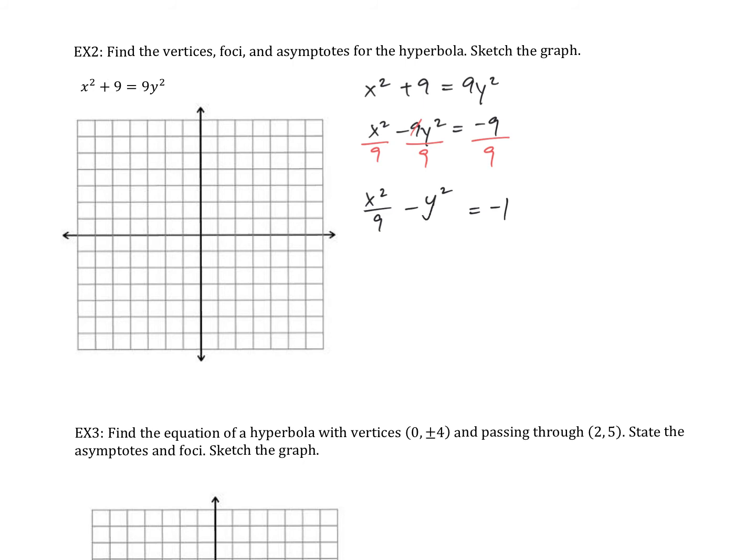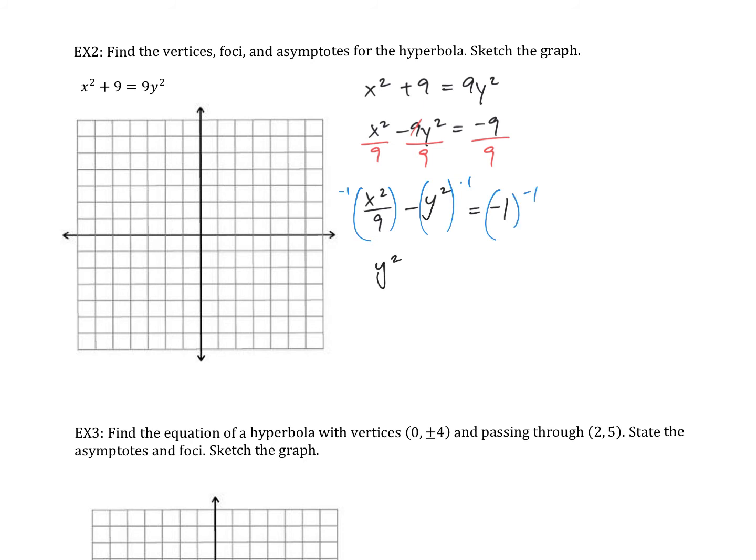Take a look at that right-hand side of the equation. What do we see? Well, it's a negative 1. According to the equations that we have for hyperbolas, you're supposed to have a positive 1 on the right-hand side, and we don't have that. So we need to get that positive 1, and to do that, let's multiply both sides by negative 1. We've got to get this in the right format.